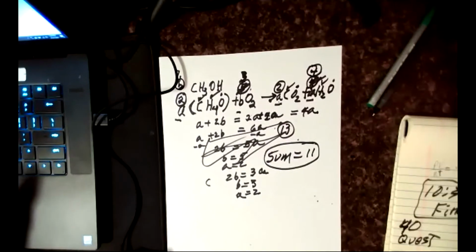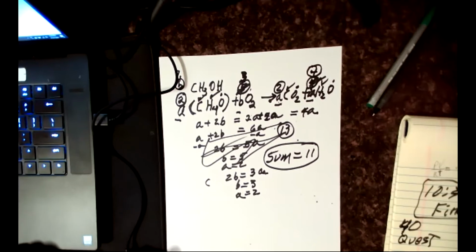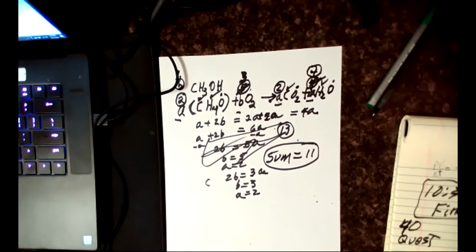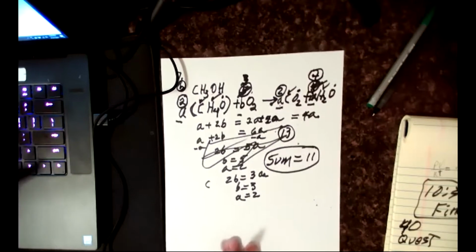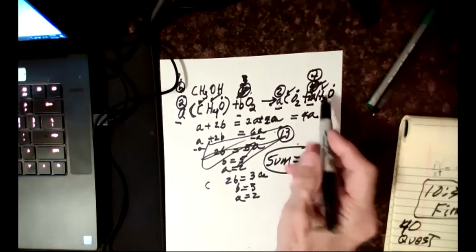But it also shows you how multiple choice questions can be written in a way that doesn't give away the answer. I'm never going to ask a question like, for example, the coefficient in front of water is 3, because if I tell you it's a 3, you can go in there and try it and see if it works.